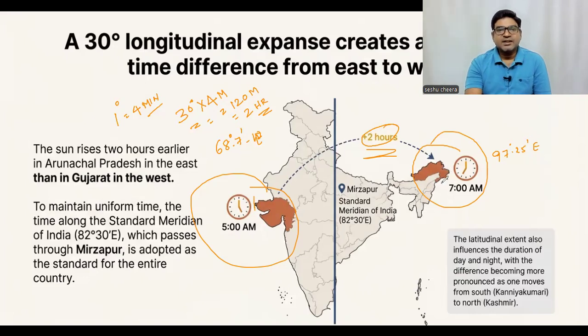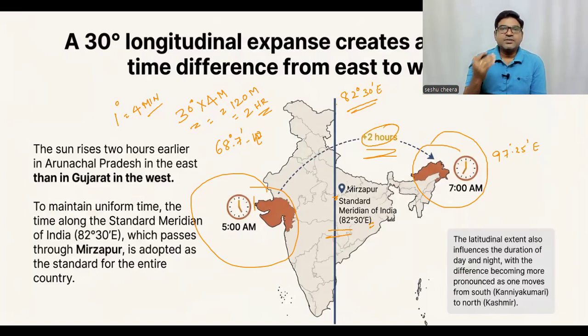For that, they have taken the standard meridian of India exactly at half, that is 82 degrees 30 minutes east, which is considered the Indian Standard Meridian, and which crosses through Mirzapur in Uttar Pradesh state. It is adopted as the standard for the entire country to avoid confusion in our day-to-day life.